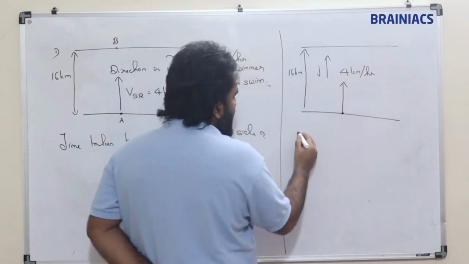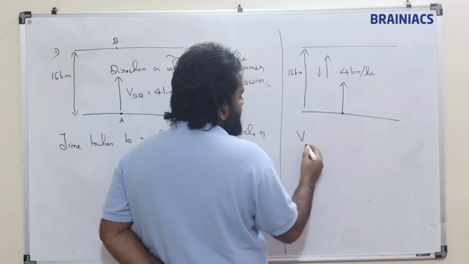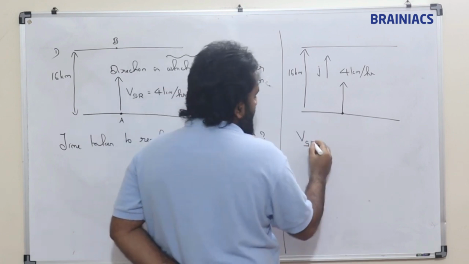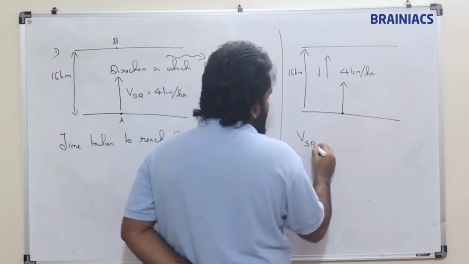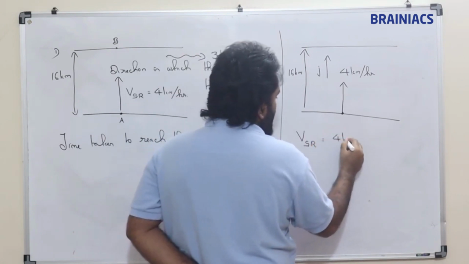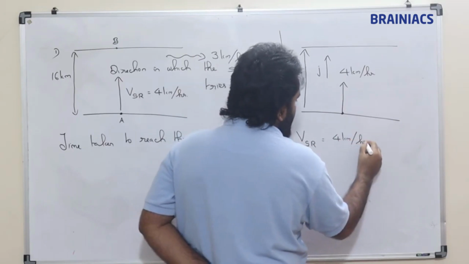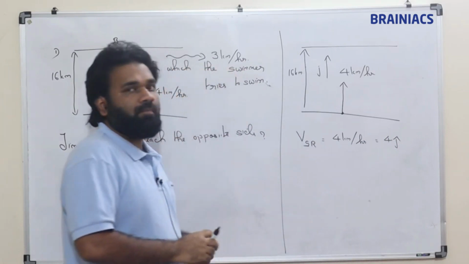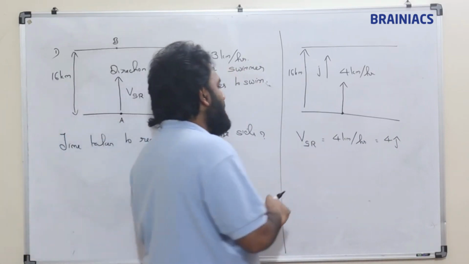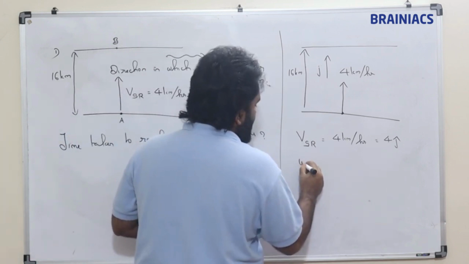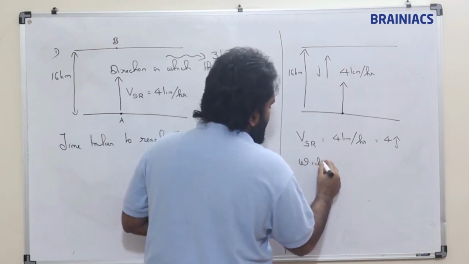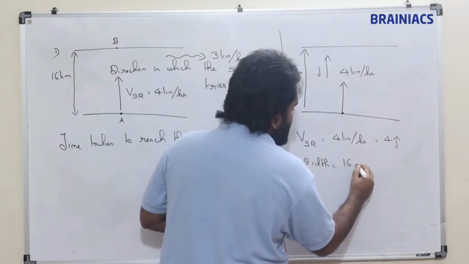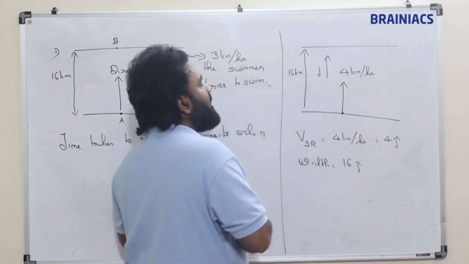So I could say that the velocity of the swimmer with respect to river is given, 4 kilometers per hour. I am going to put this as 4j, and the width of the river I am going to put as 16j.